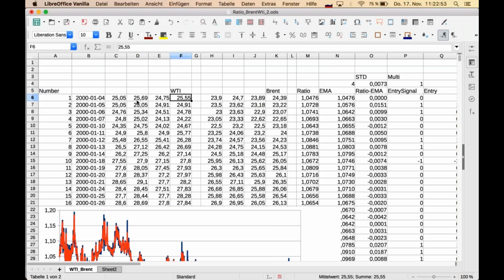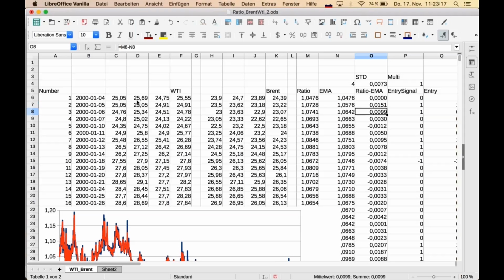We have the prices for WTI, we have the prices for Brent, we build up the ratio, we build up an EMA on that ratio simply by the standard formula. And now the important step is that we build the difference between the ratio itself, so the actual ratio, and the EMA on that ratio.